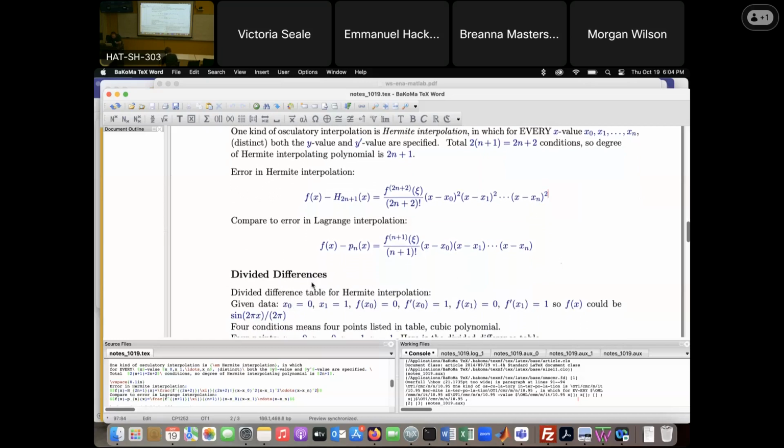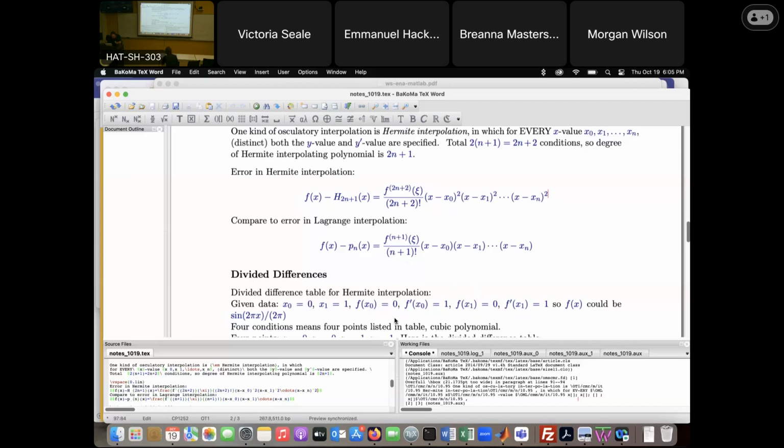Once again, we have two distinct x values, so x0 is 0, x1 is 1. At x0, we have to match a function f value and f prime value. And then at x1, we also match an f value and an f prime value.